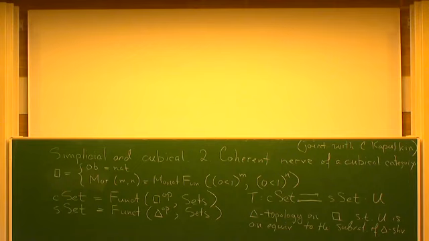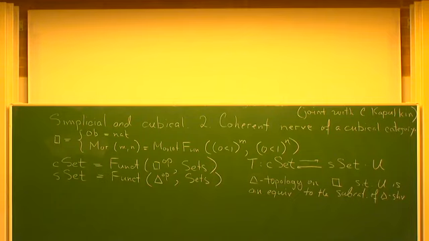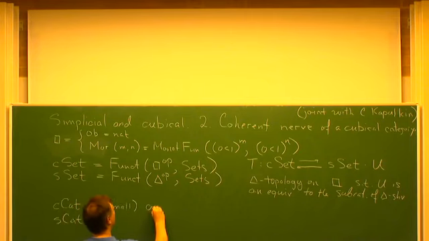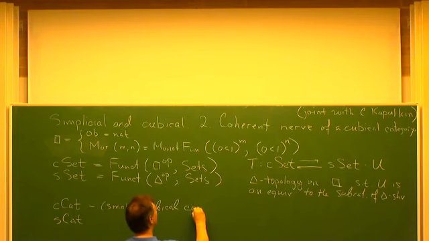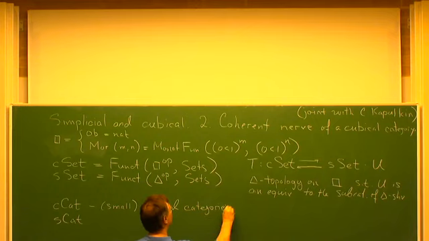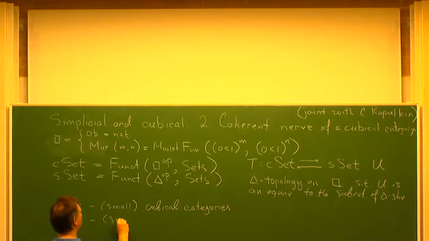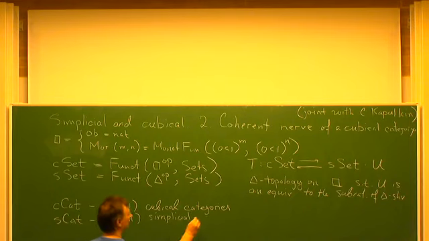So today we want to consider the categories C cat and S cat of small cubical categories and small simplicial categories.